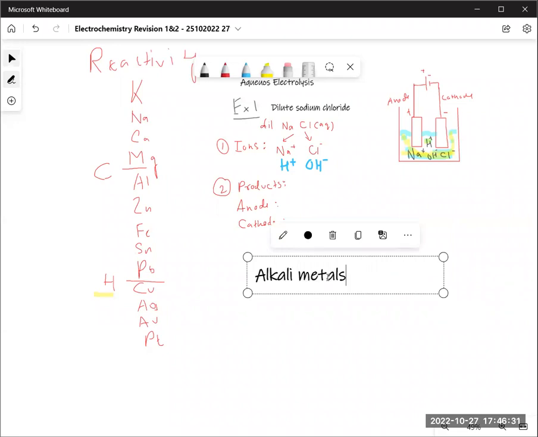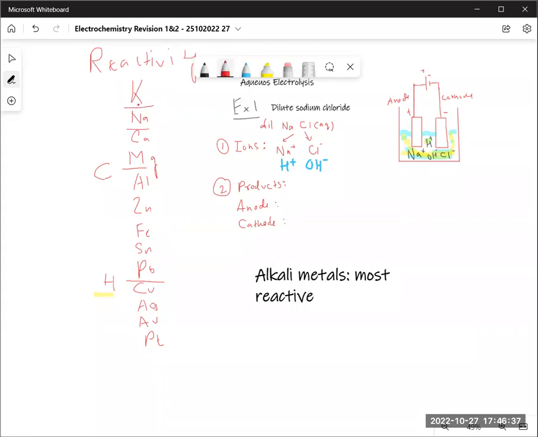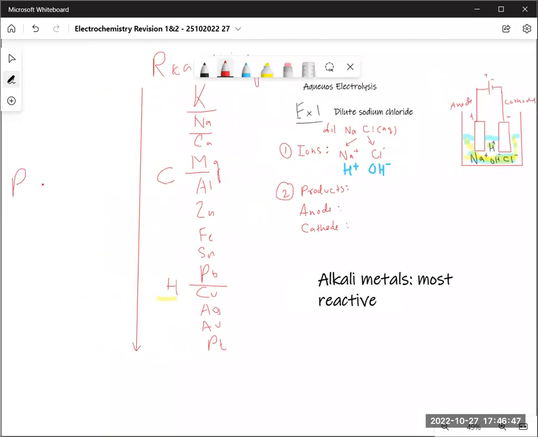Alkali metals, group 1, are the most reactive. So what I realized from this is that potassium and sodium are most reactive, so they're high. If I go downwards, reactivity also decreases. But in the periodic table, the most reactive are the ones that are below?